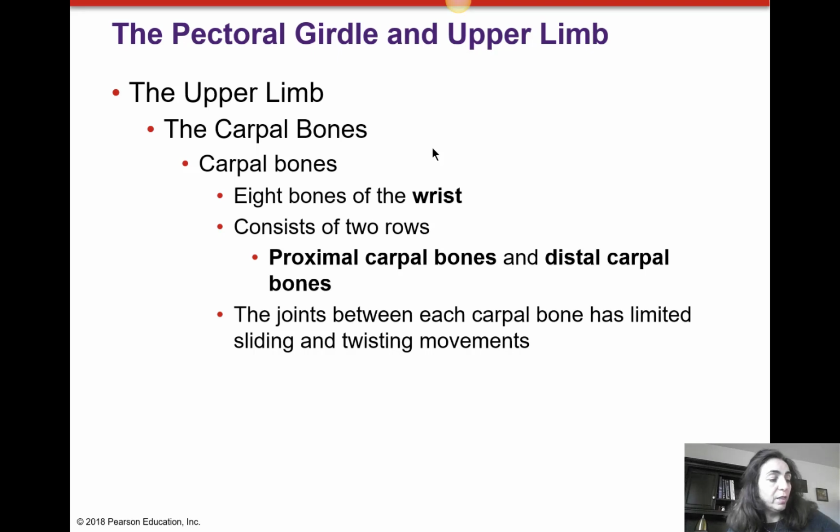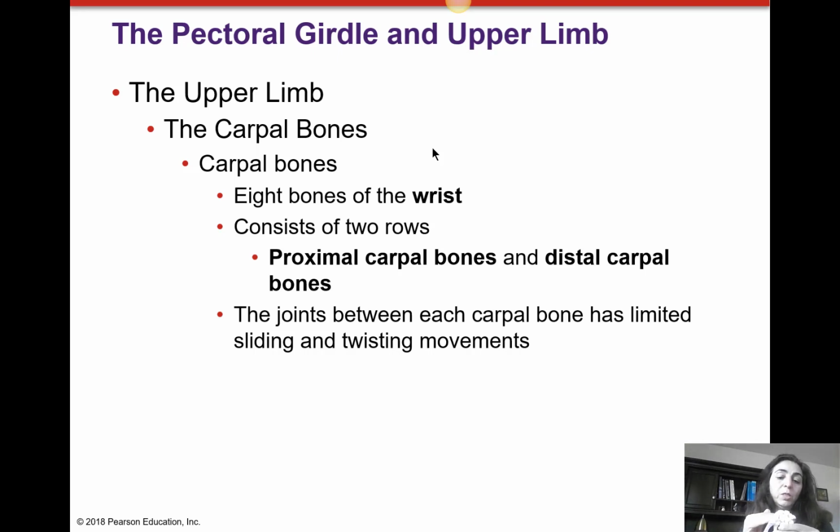Now the things that are left are the carpal bones. Here you have them all together, attached here. For the carpal bones, we have 8 bones that make the wrist, and they come in 2 rows, right? Proximal carpal bones are closer to the shoulder, closer to the radius and ulna, and then the distal carpal bones.